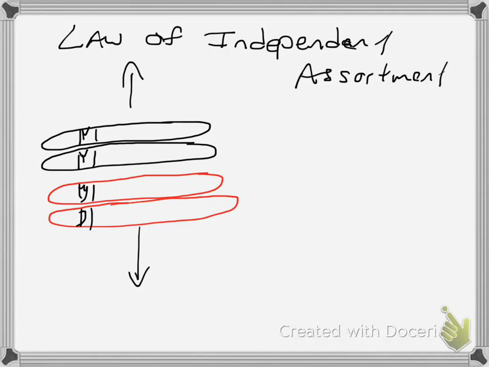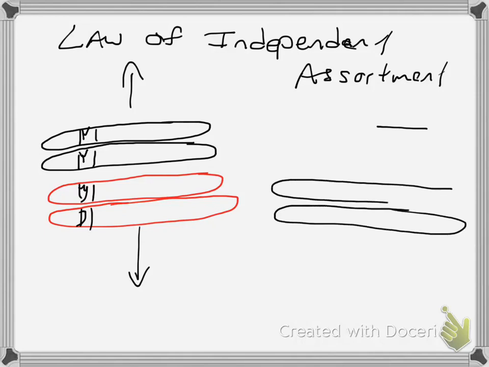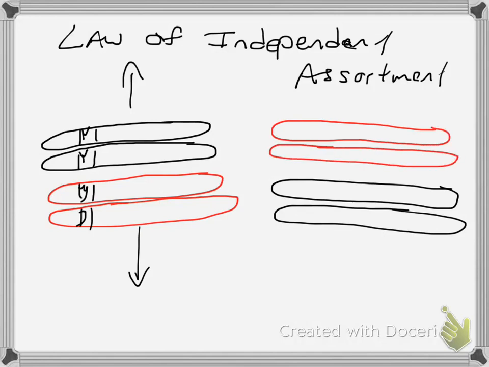Now, in terms of independent assortment, we're looking at two different things. So let's go back and draw another chromosome down here just to illustrate our point. We've got our maternal up here this time, our paternal on the bottom. This is all still one cell, and we're in meiosis 1.